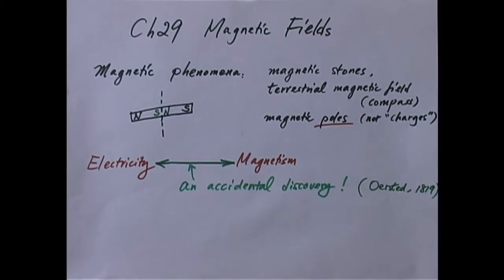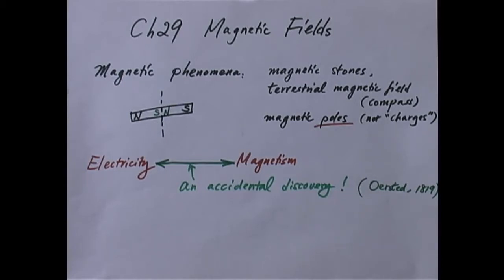One of the things about magnetic fields is that they are related to navigation. We've all used compasses. A compass can point in a north-south direction, and it is because a compass is basically just a small magnetic needle, a small magnetic stone mounted on a free axle at the center, so that it is free to turn under the influence of the Earth's magnetic field.